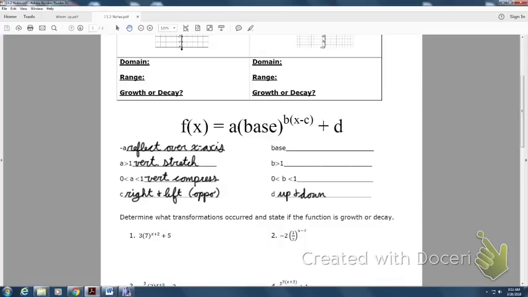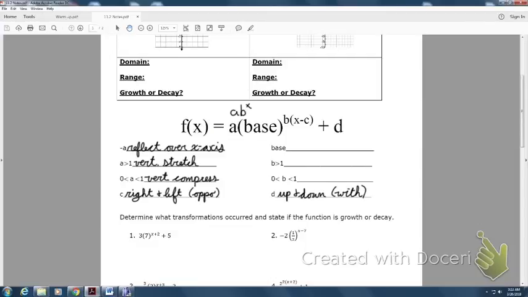And we'll slow down and talk about this right here, because we put base on here. The base function, the regular function that we looked at last class, was a times b to the power of x. Well, that b is the base. And every time we talk about transformations, we've had that b value, the horizontal stretch or compress.